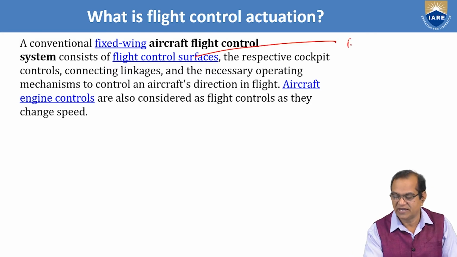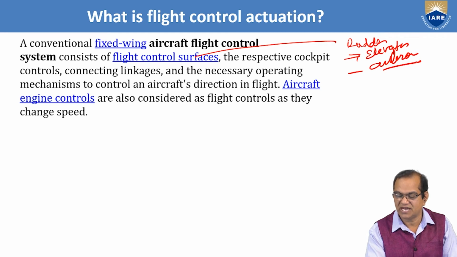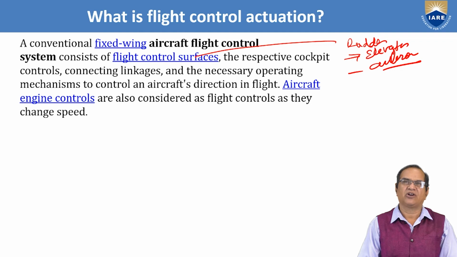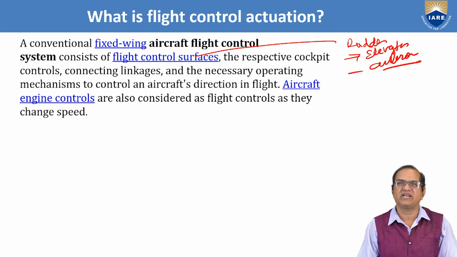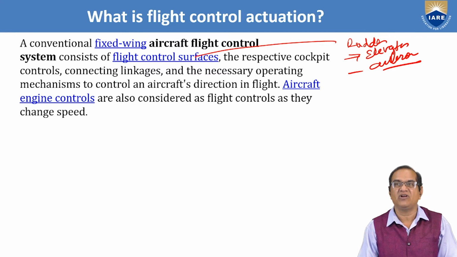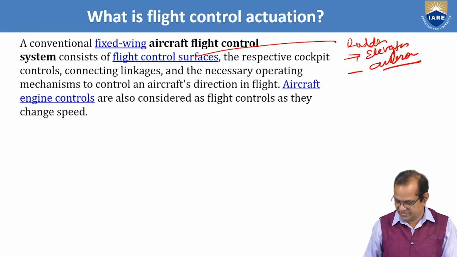If you see, rudder, elevator and ailerons. These are the flight control surfaces, with the respective cockpit controls, connecting linkages and the necessary operating mechanisms to control an aircraft's direction in flight. Aircraft engine controls are also considered flight controls as they change the speed.